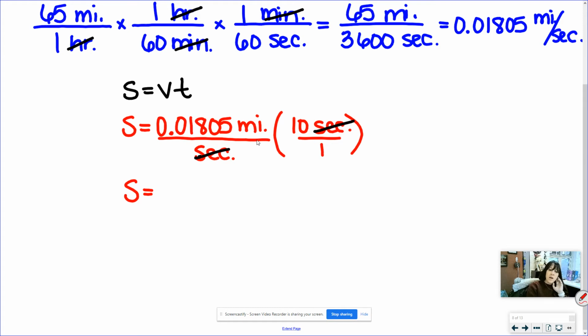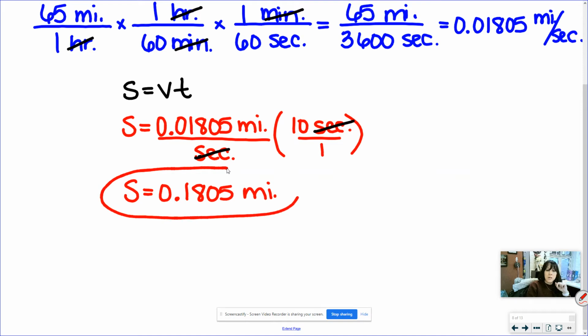And the only unit of measure left is miles, which is what we want because we want our answer to be a distance measurement. Okay? So if I multiply this by 10, I would get 0.1805 miles. So about 2/10 of a mile is how far you traveled in 10 seconds.